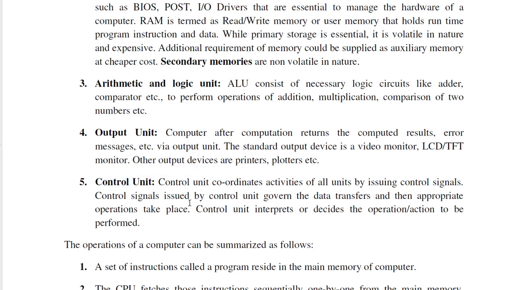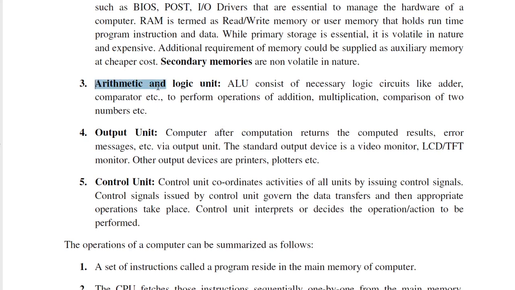Control unit coordinates activities of all units by issuing control signals. Control signals issued by the control unit govern the data transfers and then appropriate operations take place. Control unit interprets or decides the operations or action to be performed.